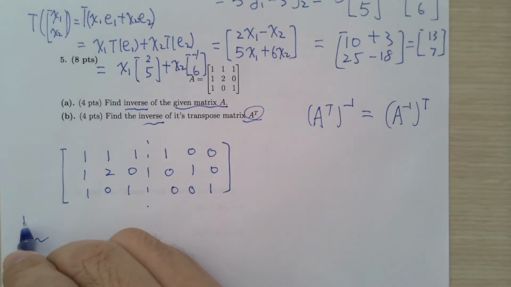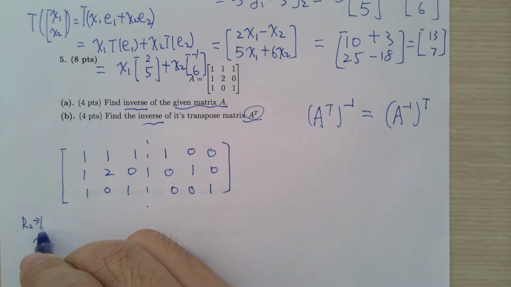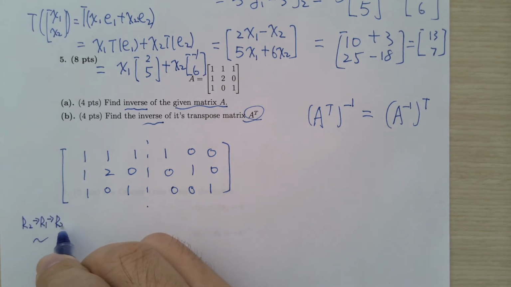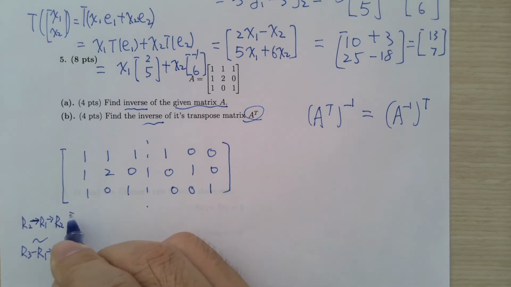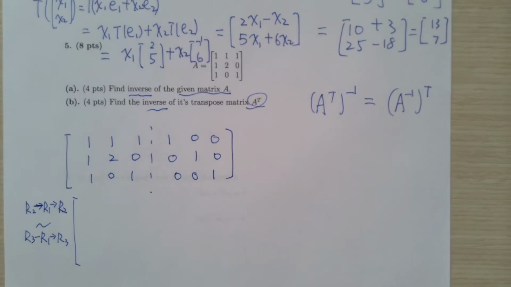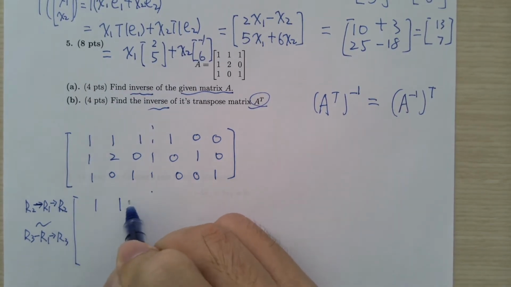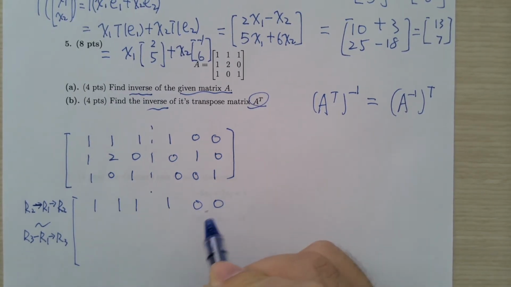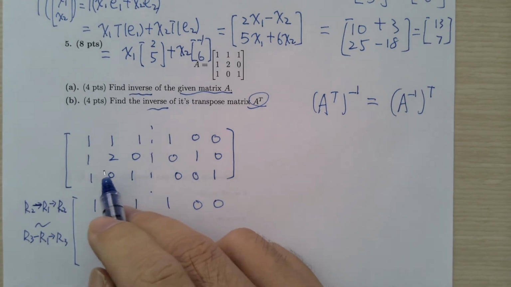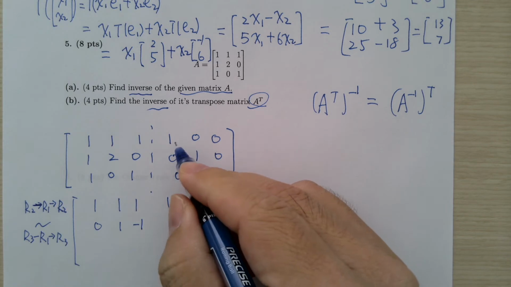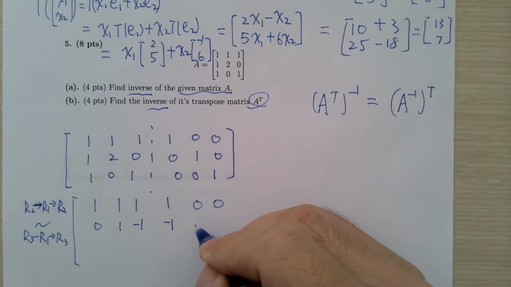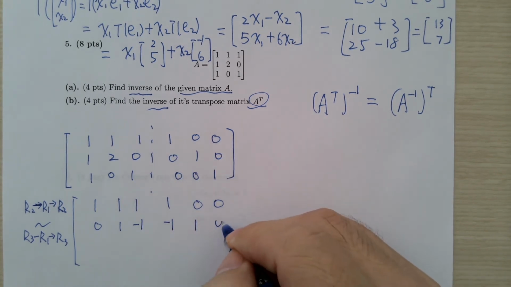I can use row 2 minus row 1 as new row 2, right? I can use row 3 minus row 1 as new row 3. So this becomes 1, 1, 1, 1, 0, 0. Row 2 minus row 1, so it's 0, 1, negative 1, negative 1, 1, 0.